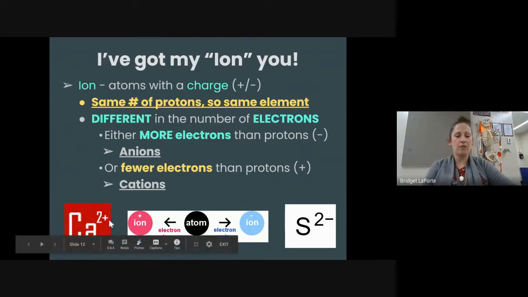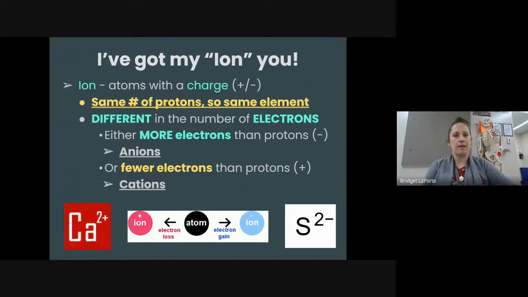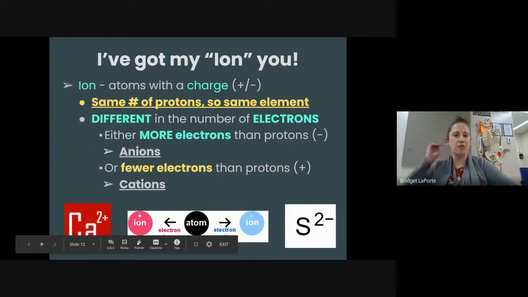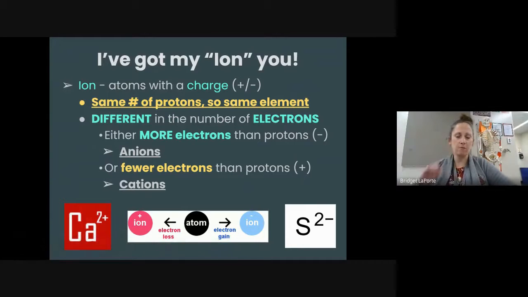Notice the notation that we have for an ion. We're always going to put the charge of an ion in the upper right-hand corner for that particular element. So you can see Ca, and if you look on your periodic table, you will find that Ca is calcium, and calcium is in group 2, and it has a charge of 2+, or a positive 2. On the other side here, you can see S, which stands for sulfur. And if you find sulfur, it's on the right side of your periodic table.